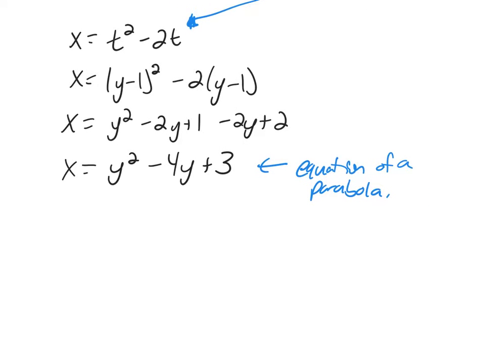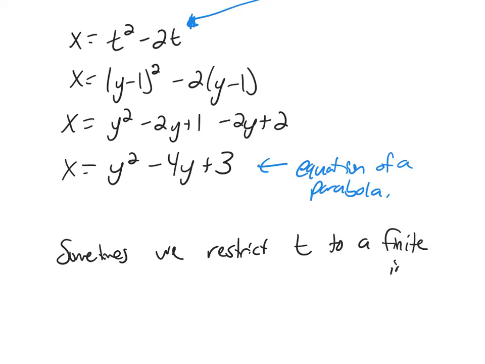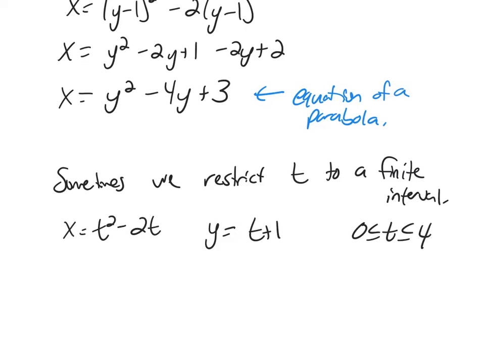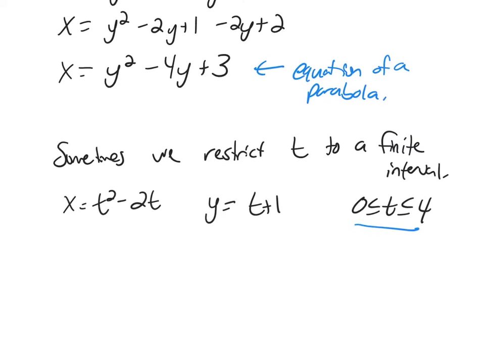Now I do want to mention that sometimes we restrict t to a finite interval. So for this last problem, let's stick with the same equation. But now let's say t goes between 0 and 4. So here's my finite interval right here. And so how is this going to affect my picture?